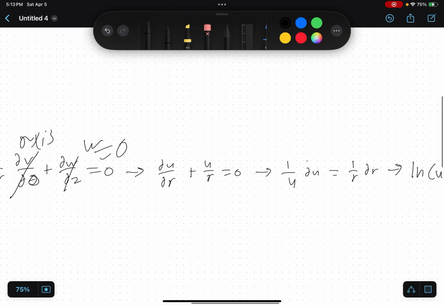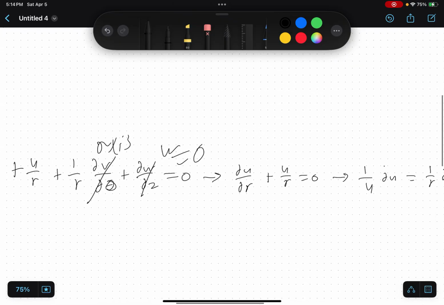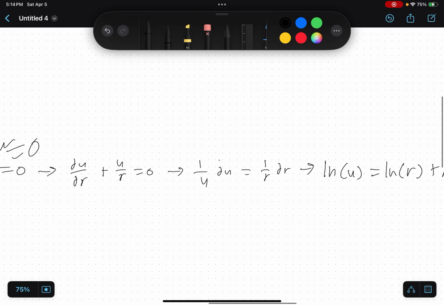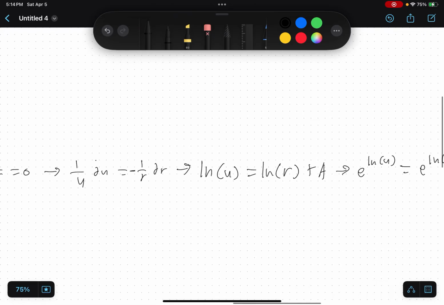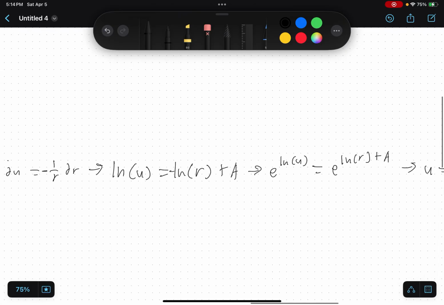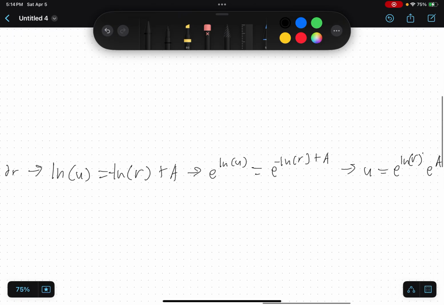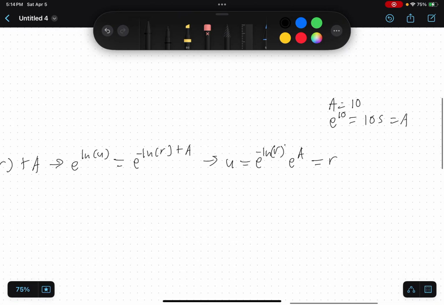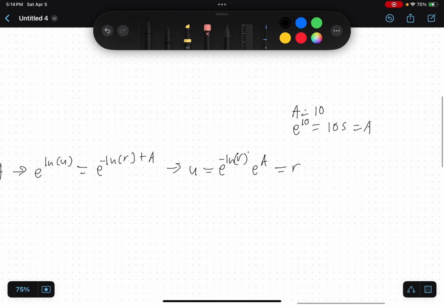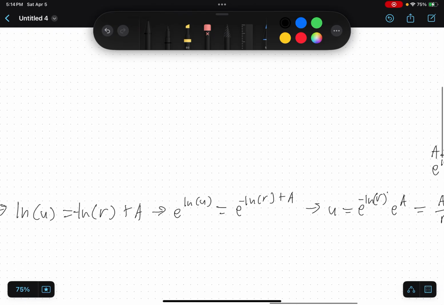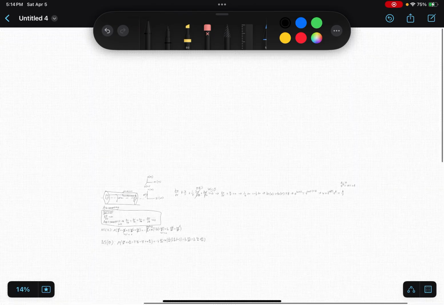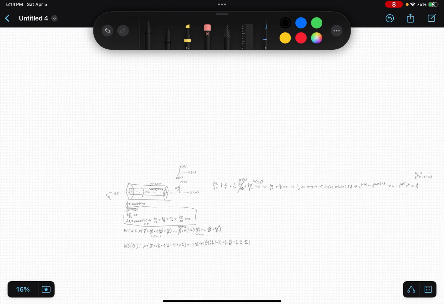Oh, I forgot something, there's a negative here. So u equals a over r. Dang, that's a long line.